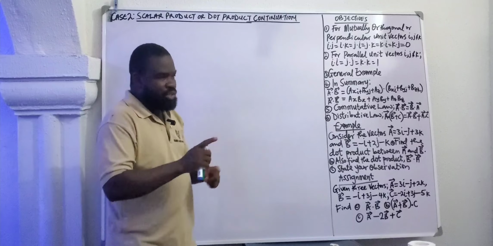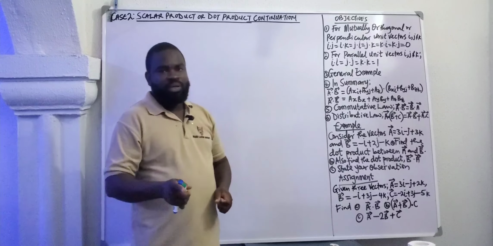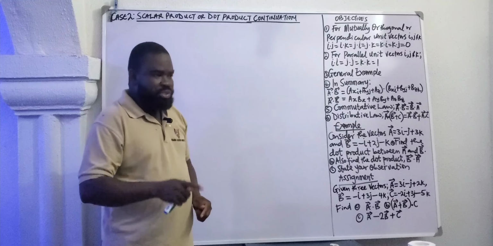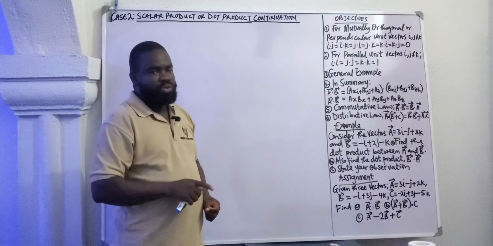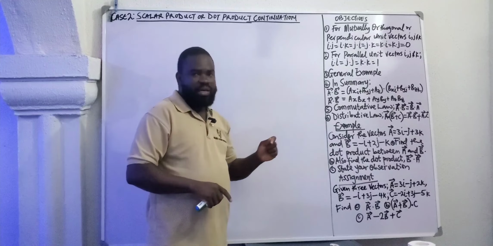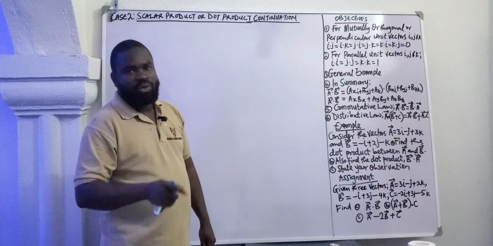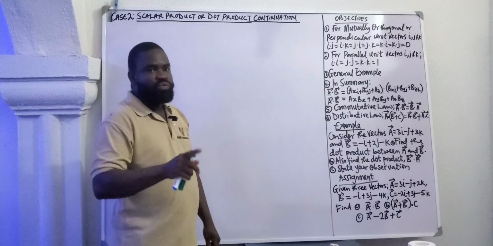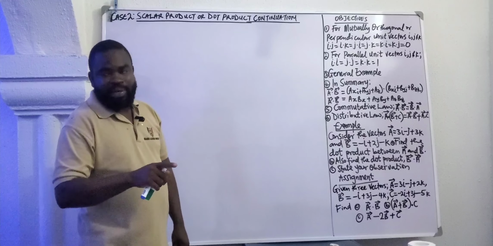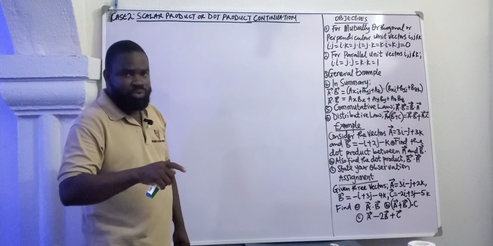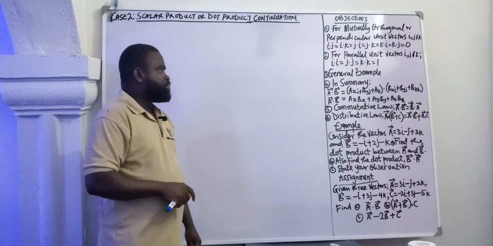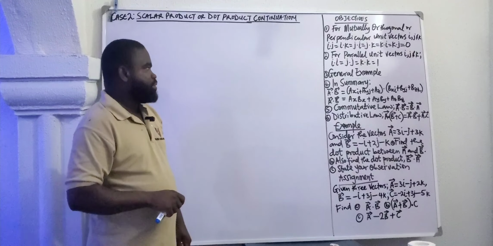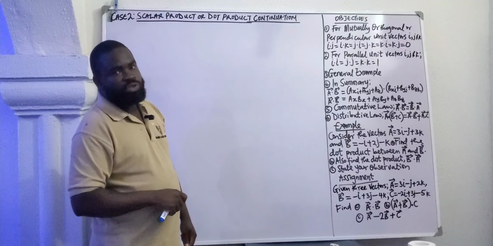On the other hand, we said if the two vectors A, B are parallel to each other, it means they are going in the same direction, where the angle theta is 0, cos 0 is 1. In that case, the two vectors multiplied give you a maximum value: magnitude of A times magnitude of B. How does it apply to unit vectors?